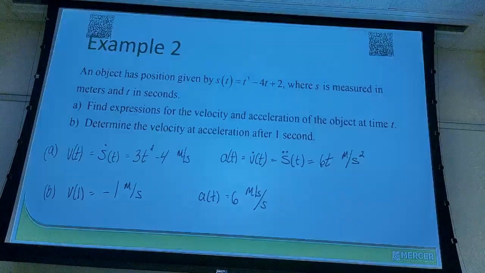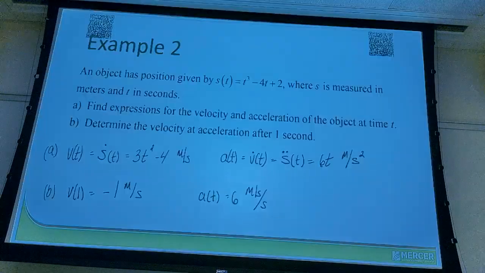The acceleration being 6 would mean at 1 second, your velocity is increasing by 6 meters per second every second. So we'd expect that V of 2 should be 5 meters per second, somewhere around there. But now that means your position is increasing.